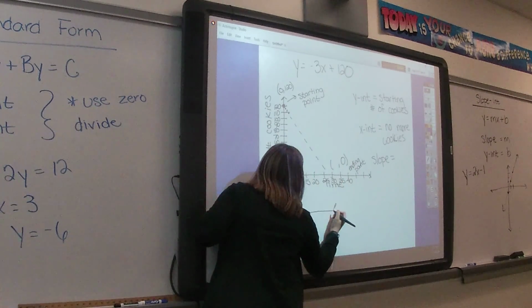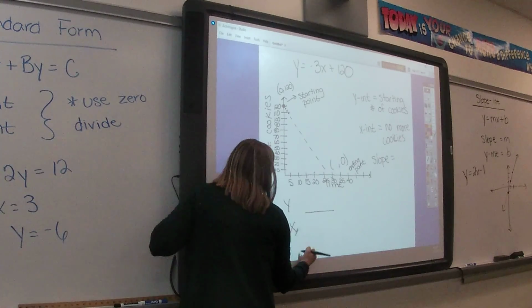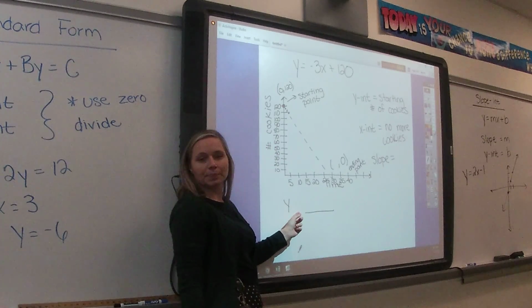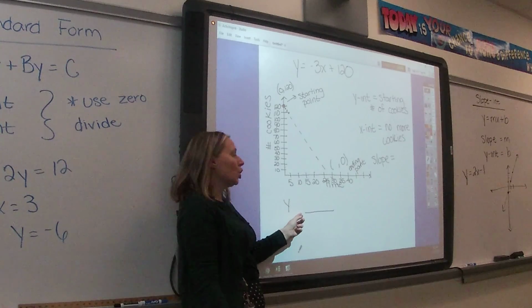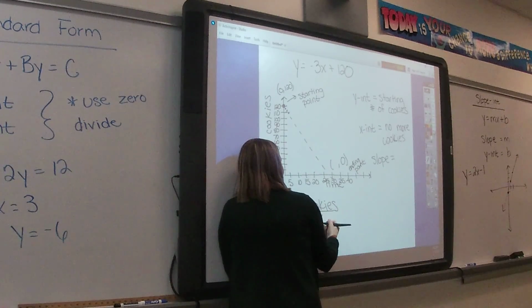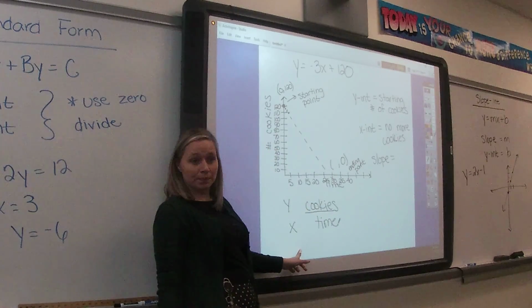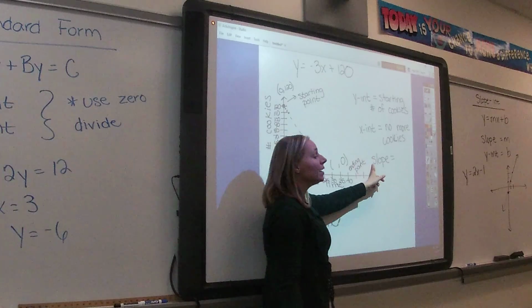Okay, so slope is always a y per an x. So what's our y label up here? Cookies. What's our x? Time. So it's our cookies per time.